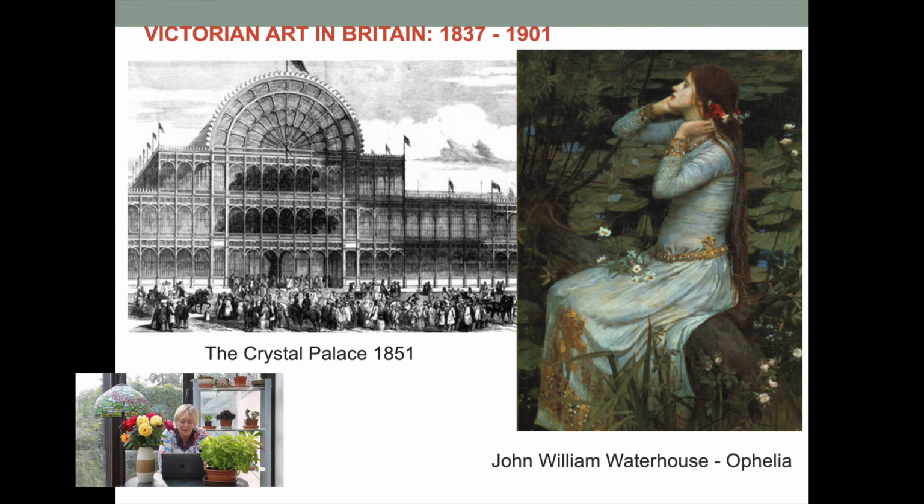So here we have, for example, a late Victorian painting illustrating Ophelia, one of the main characters of Shakespeare's Hamlet. But here, of course, the question of a woman, the question of a young woman losing her mind and committing suicide, somehow resonates with the Victorians.